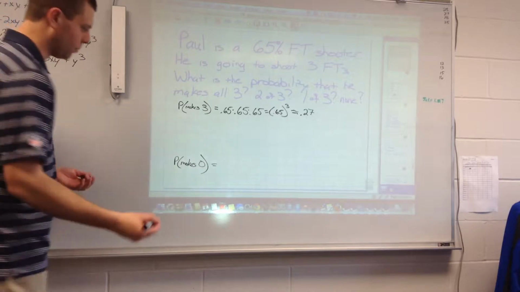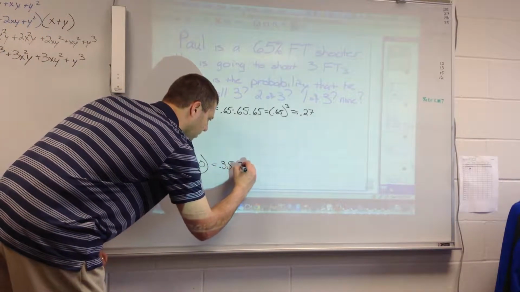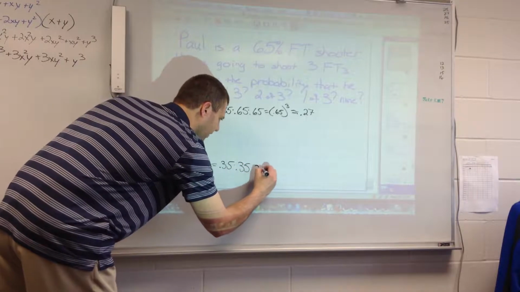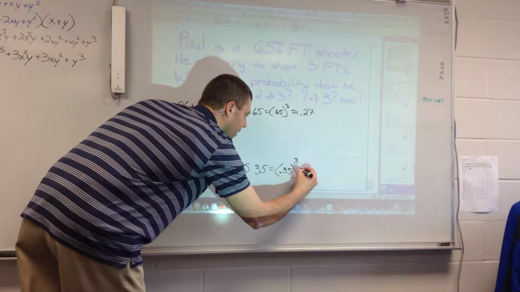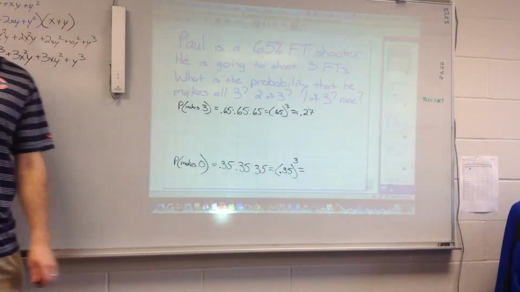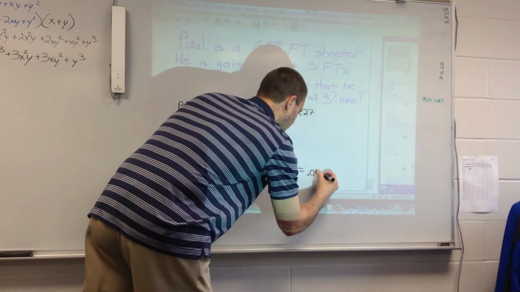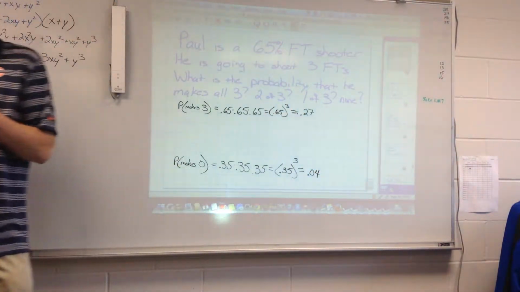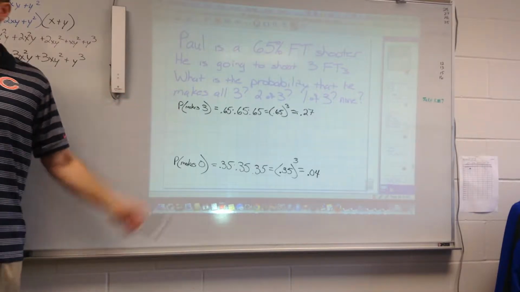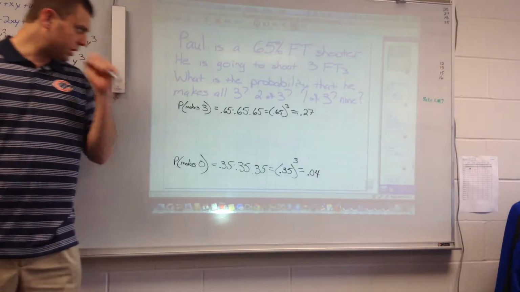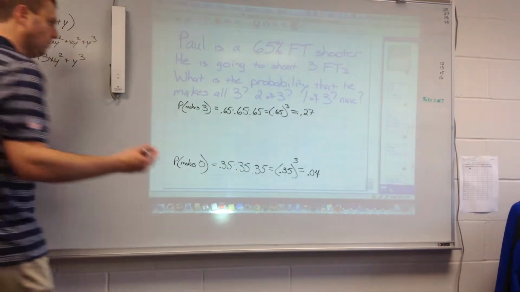So the probability that he makes 0 is 0.35 raised to the 3rd power, and what would that be, roughly? 0.04. So only about a 4% shot that he misses all of them. Still possible. 4% chance of making 0.